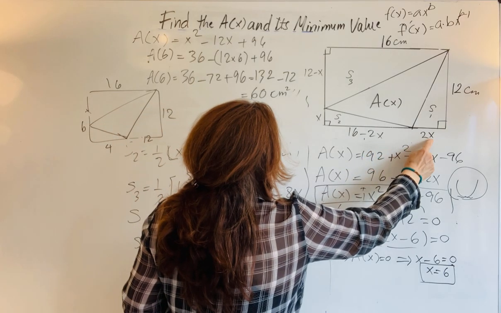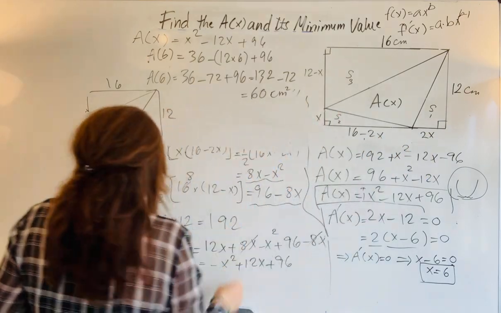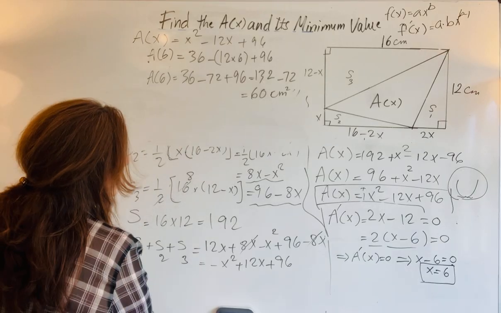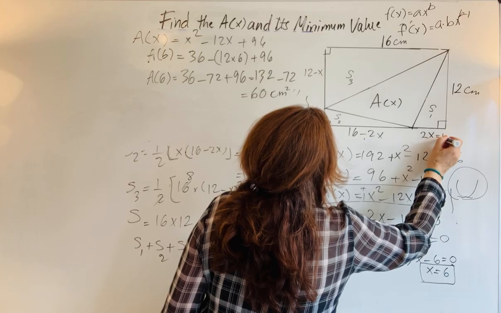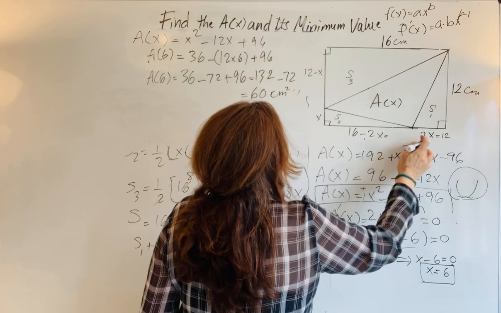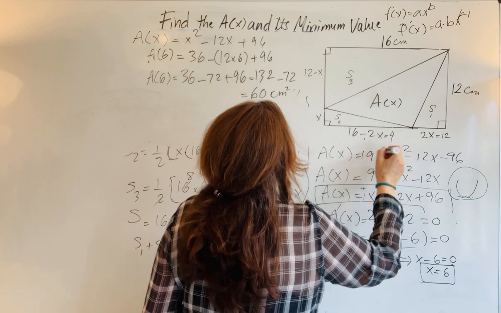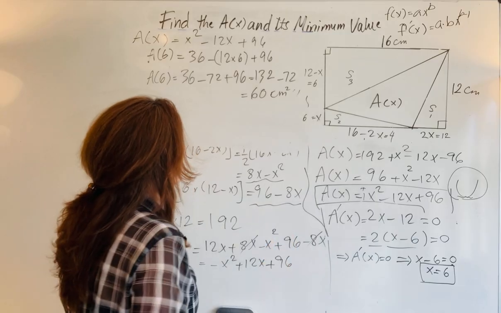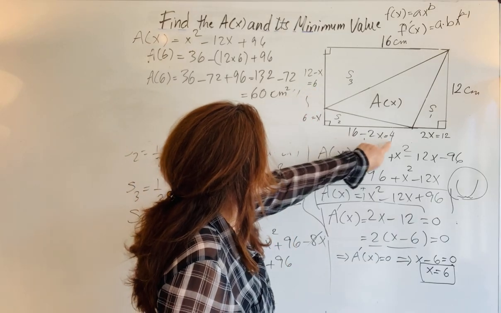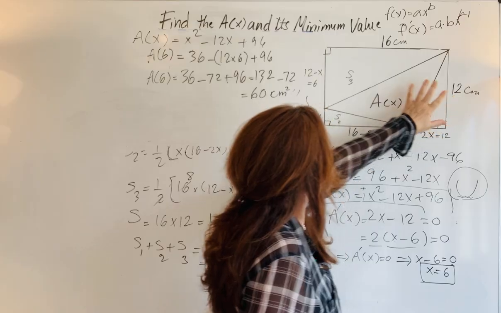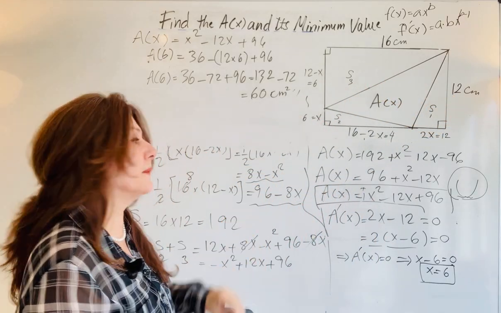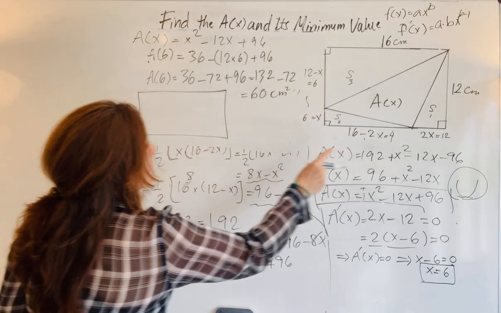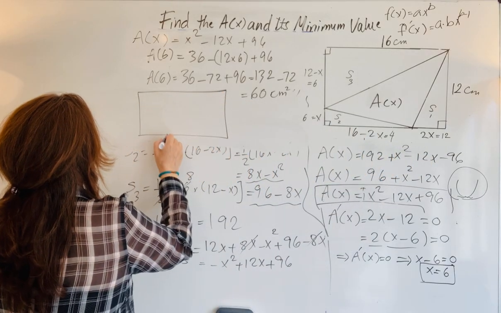But when x is 6 here, we have just the minimum area for A. This is 12, this is 4. When it's 6, this is 6. This one is the minimum. This is 12 and 4.